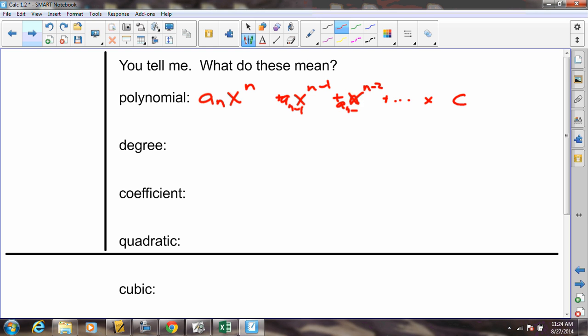And I should have given myself a little bit more room. Okay, the degree is the biggest exponent, the largest exponent on your polynomial. It doesn't matter what order they're in.